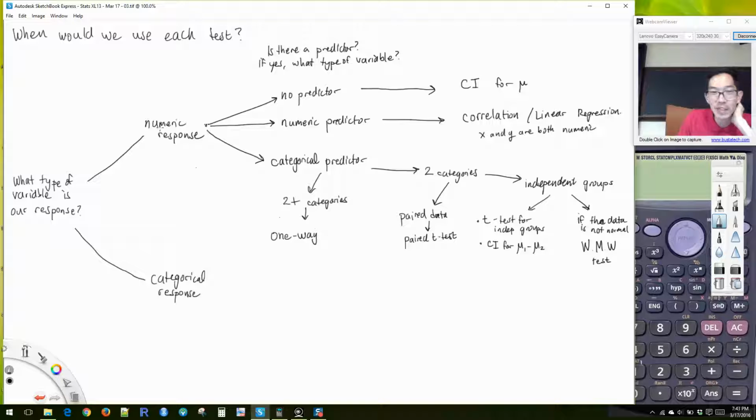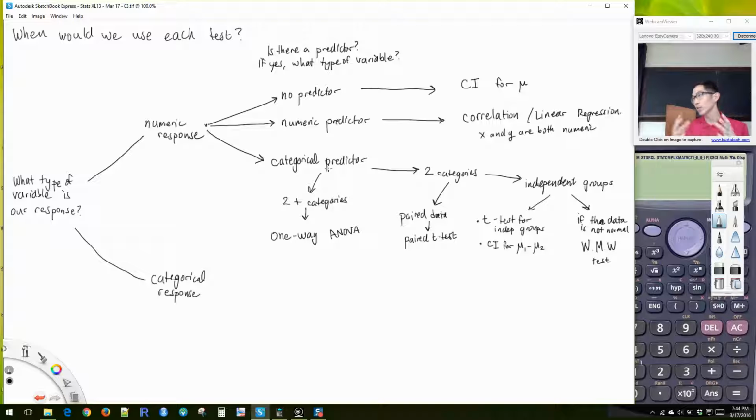I thought two-way ANOVA was more than two categories. So one-way ANOVA is a numeric response and one categorical predictor with two or more categories. If you have three categories or something, remember it's a categorical predictor. The example we covered in class was the numeric response: how much weight did the lambs gain.